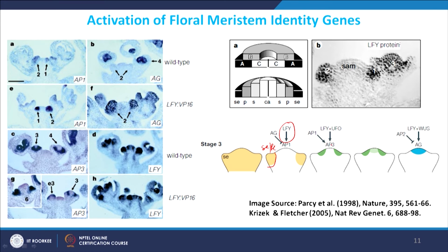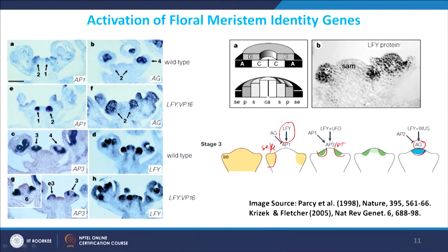Then it activates the B class genes, AP3 and PI, in the petal and stamen zones, and finally the C class gene, AGAMOUS, in the carpel zone. So the function of LEAFY is not only to give floral meristem identity, but also to ensure that downstream floral organ patterning is activated in a very domain-specific manner.